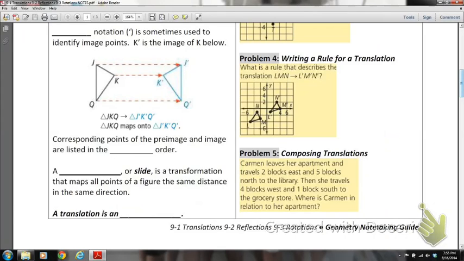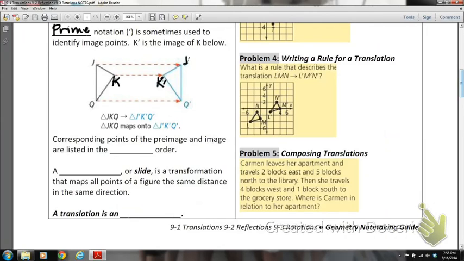Another notation that will be used is called the prime notation that you need to know how to read. It's sometimes used to identify image points. Here, K prime is the image of point K in this figure below.